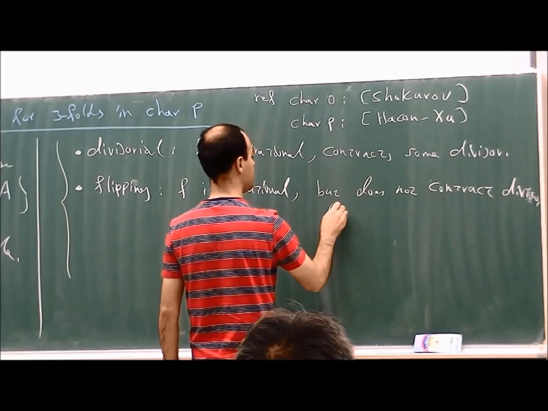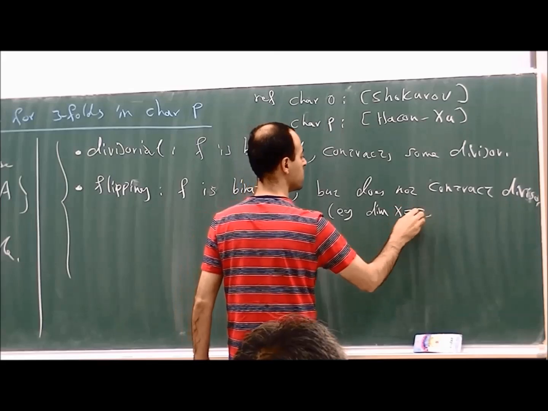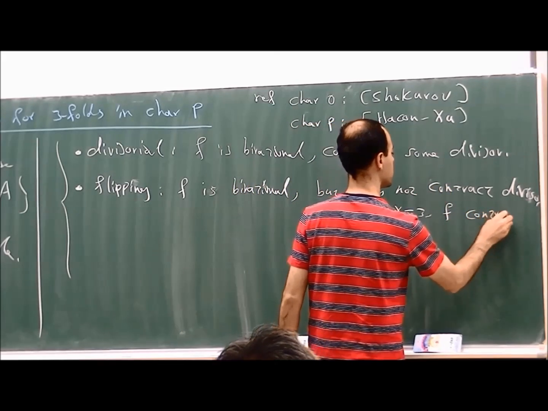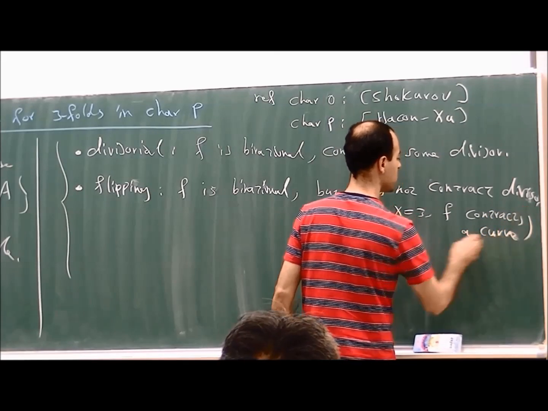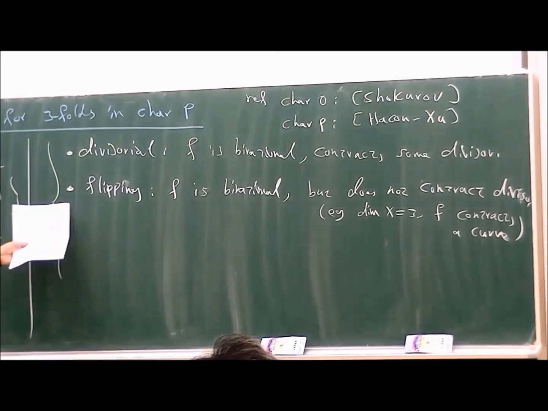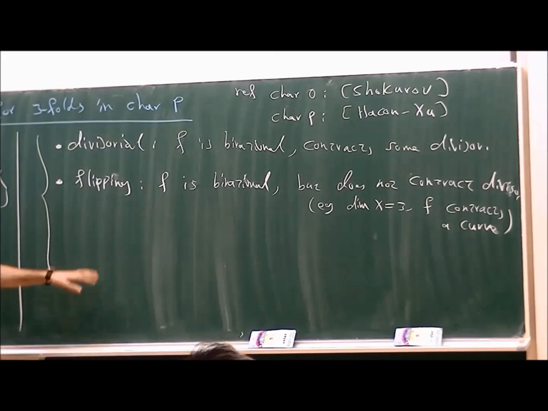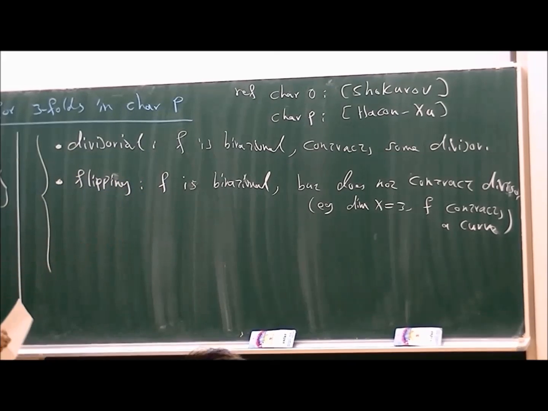So for example, let's say the dimension of X is 3, and f just contracts one curve. In other words, there is no divisor, there is no surface. They contract maybe just one single curve, but these kinds of contractions are called flipping. And in fact, they cause the most headache because, as I will explain in a minute, they don't let you continue the program so easily.